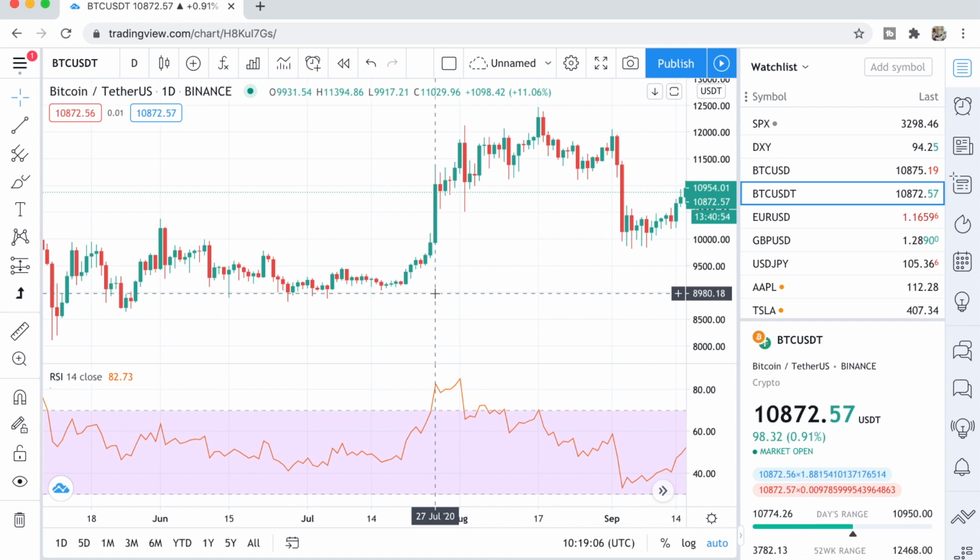Hence sellers start kicking in, and everybody who is placing sell orders, or increasing their sell positions in the market, would generally start to drive the price down.